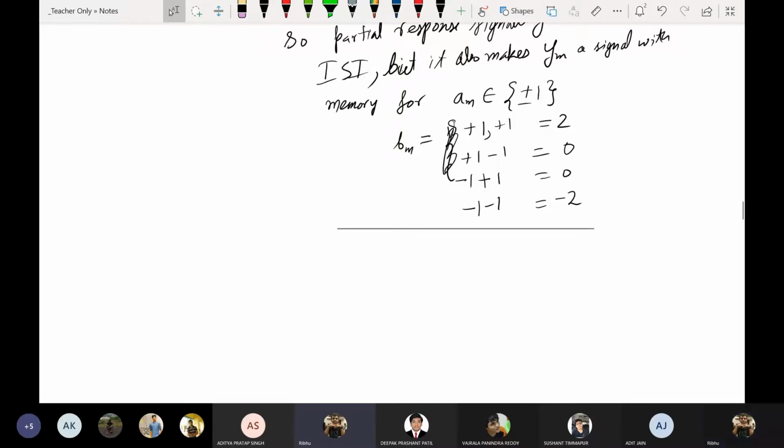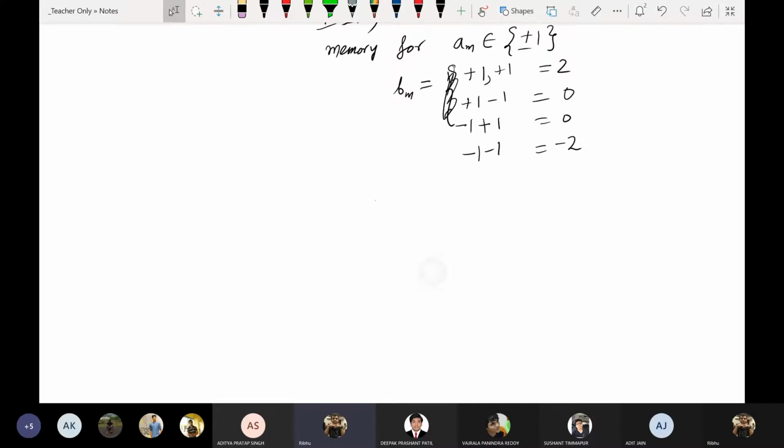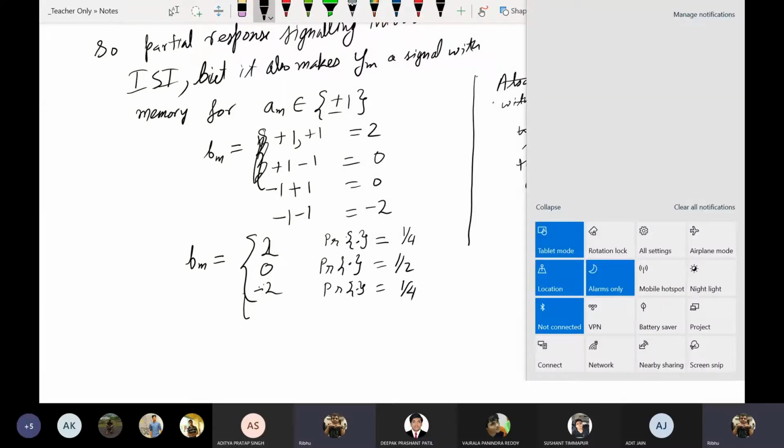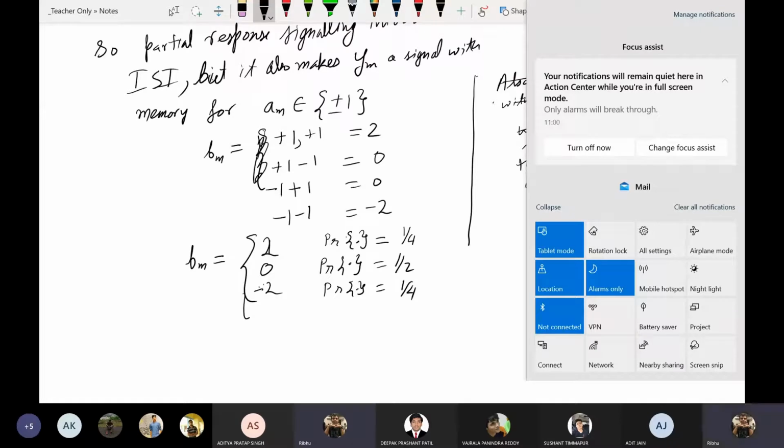So Bm equals, so that should be 2, right? Sorry, 2, symbol by symbol.